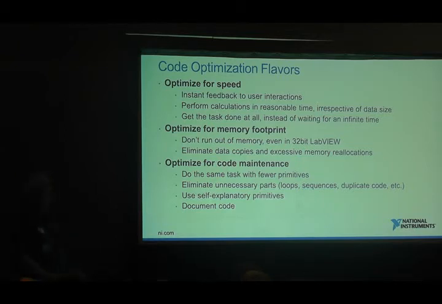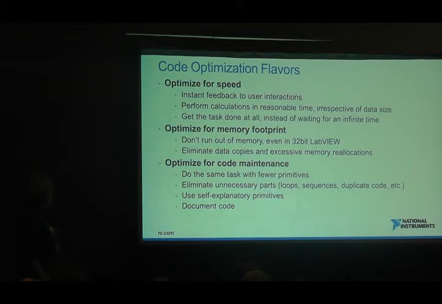Then for other problems, you want to perform calculation in a reasonable time, even if it's a very hard calculation. If you want to calculate the forecast for tomorrow and it takes 48 hours to calculate that, then it's not good, right? You want to have it faster. And sometimes you just want it done instead of waiting for infinite time.